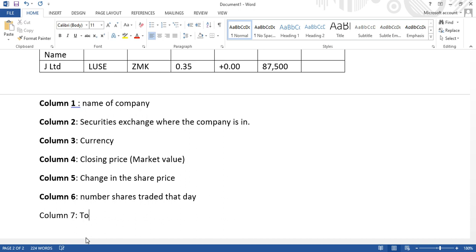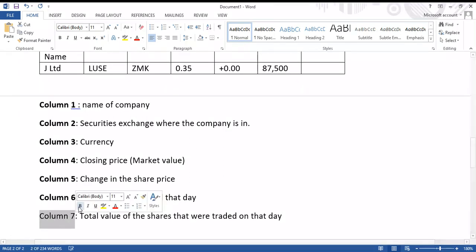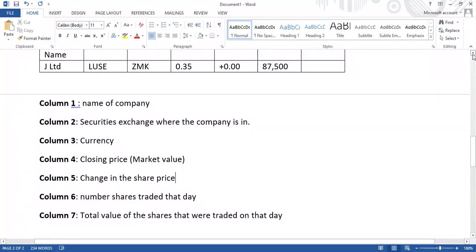And then finally, column seven is the total value of the shares that were traded.